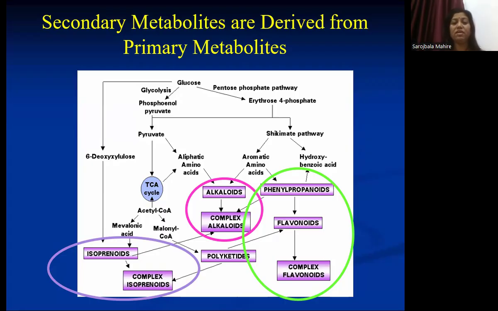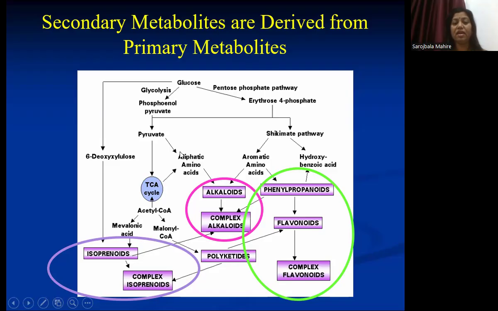First, we know that glucose is the primary metabolite. From this, by the process of glycolysis, phosphoenol pyruvate will form, and from this, pyruvate will synthesize.